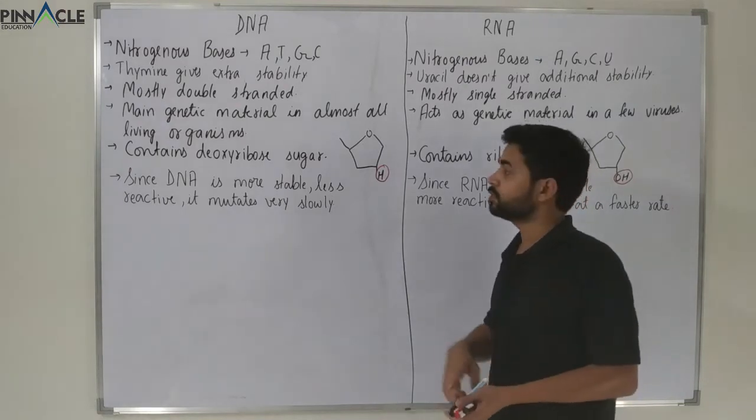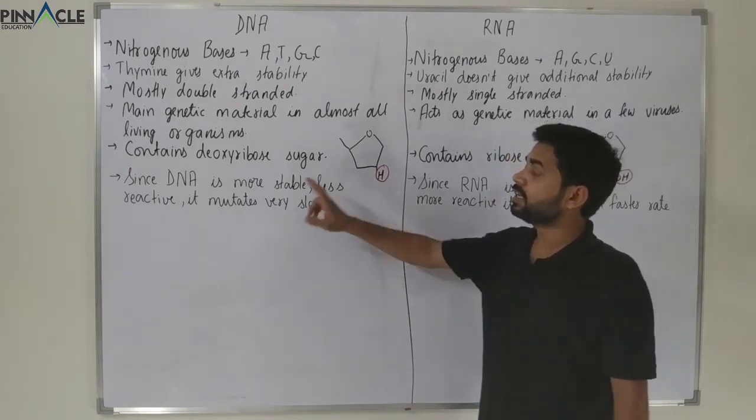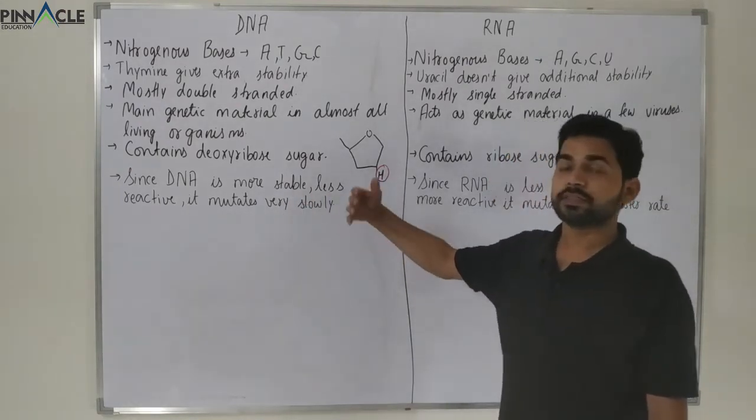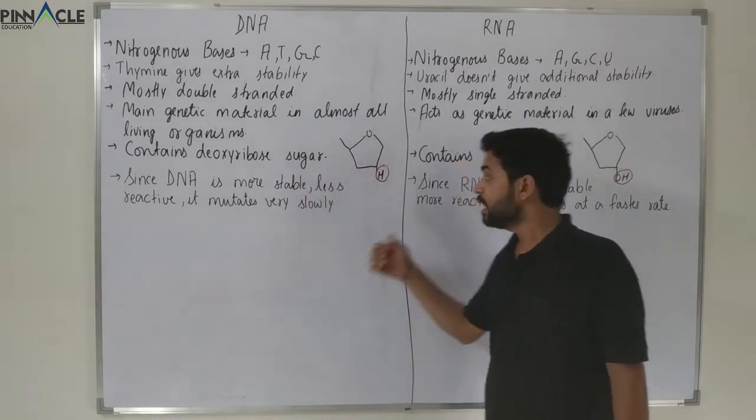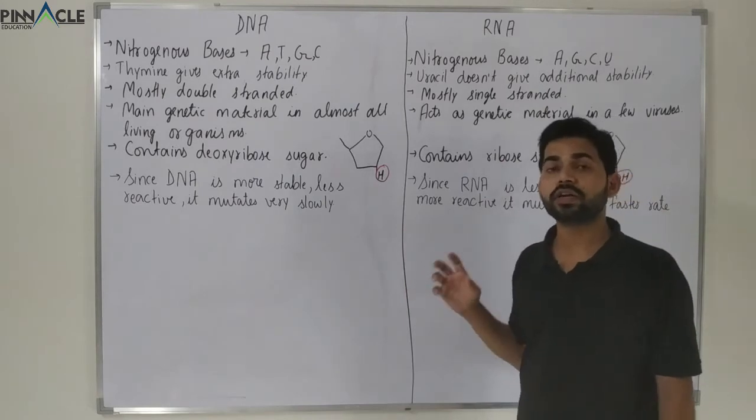One major difference between DNA and RNA is that DNA can carry out its own replication, but RNA normally cannot replicate itself.